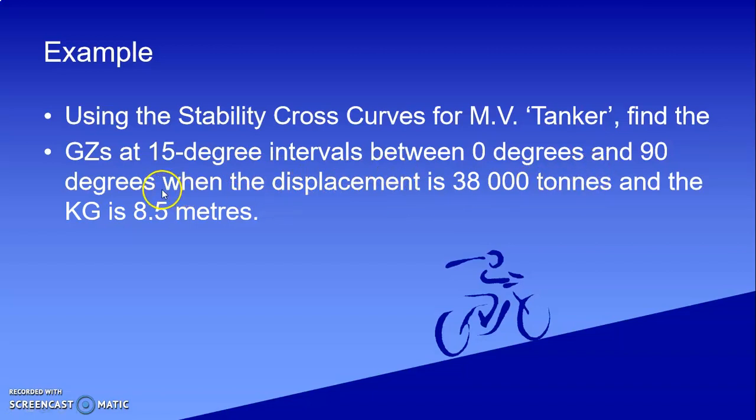Using the stability cross curve of MV Tanker, find the GC at 15 degrees intervals between 0 degrees and 90 degrees, where the displacement is 38,000 tons and the KG is 8.5 meters. Remember that from 9 meters to 8.5 we have a difference of 0.5.